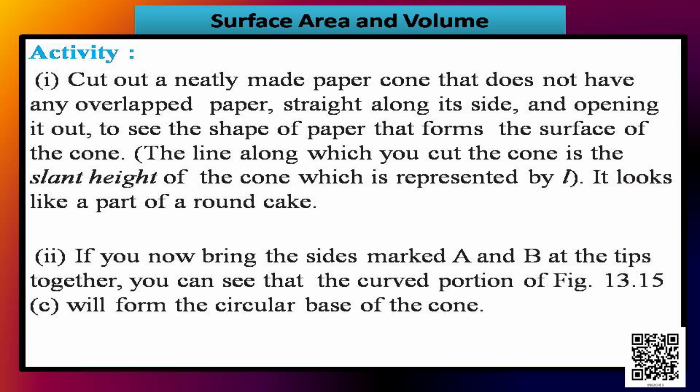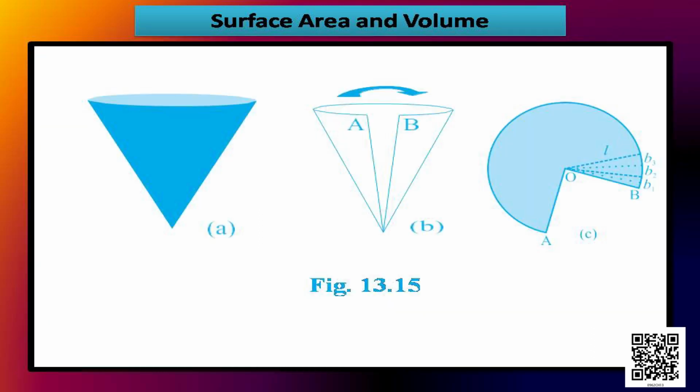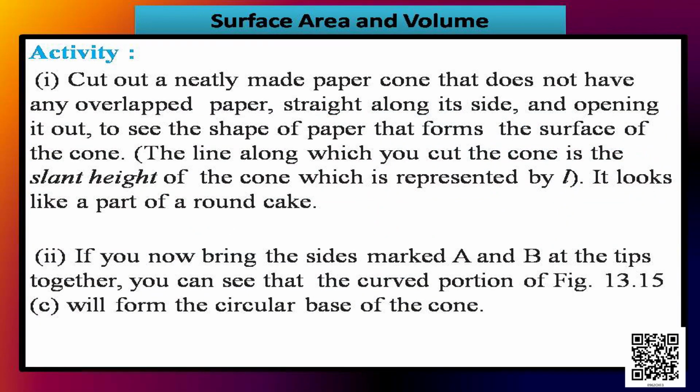If you now bring the sides marked A and B at the tips together, you can see that the curved portion of figure 13.15 C will form the circular base of the cone.